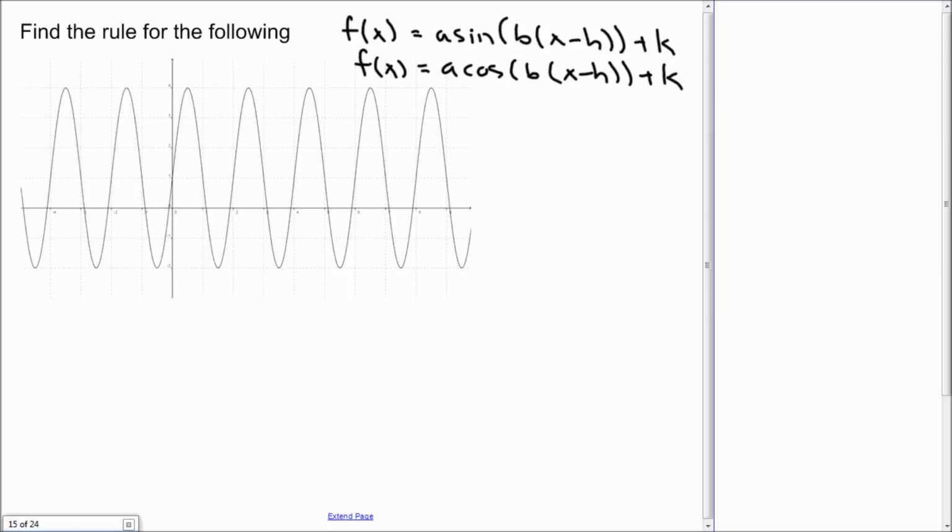Now the choice is ultimately ours. And so for the purposes of this particular example, how about we take a look at using the sine function.